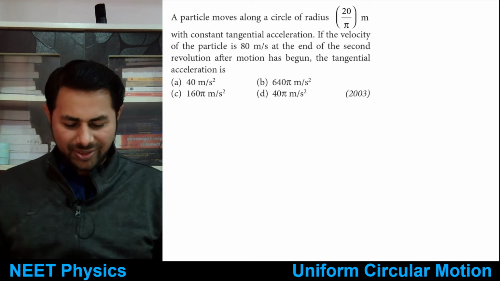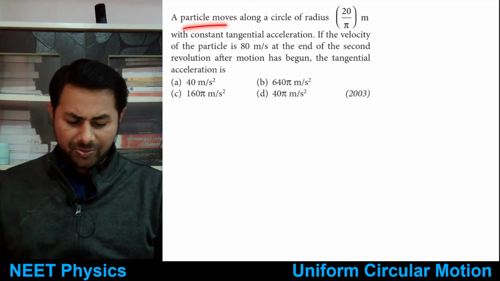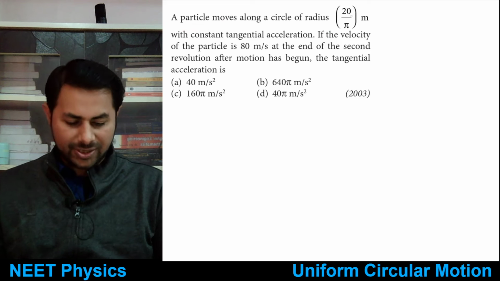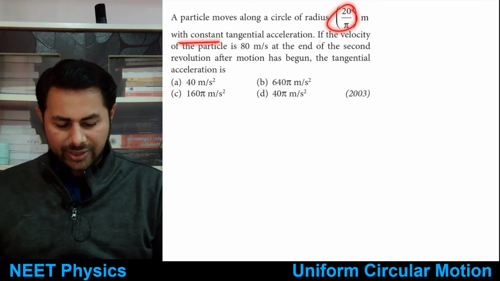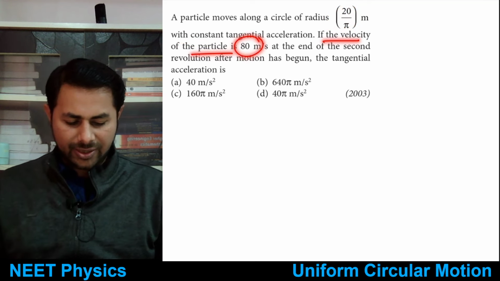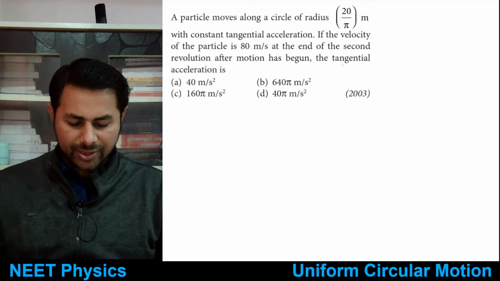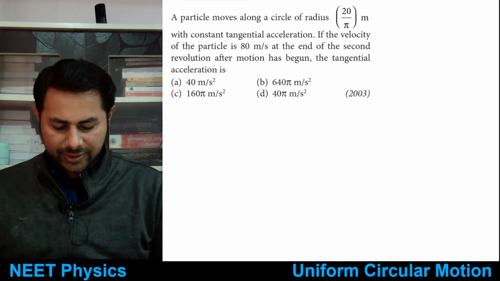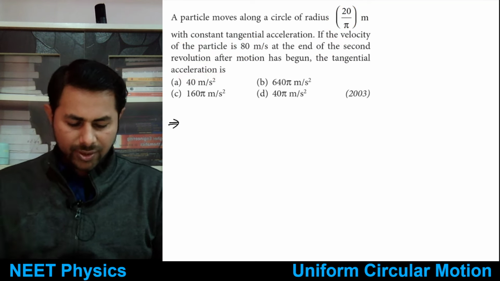Anyways, let's see next one. A particle moves along a circle of radius 20 by pi with constant tangential acceleration. If the velocity of particle is 80 meters per second at the end of second revolution after motion has begun, the tangential acceleration is... tell me.